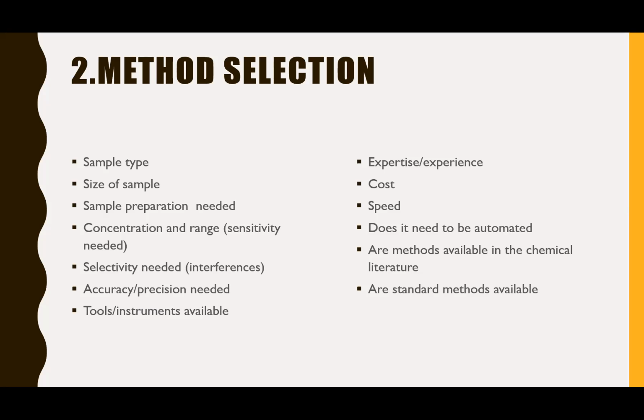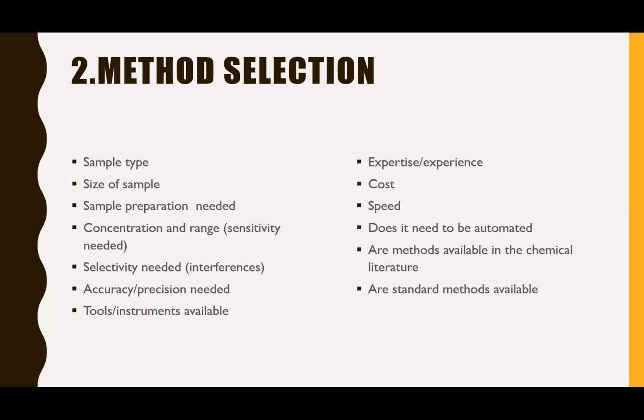Okay. For example, if you want to determine oil and grease content in a food sample, there are two methods. Whether you use instruments, okay, an oil and grease analyzer, you just put in your sample and it will give you readings, or you have the wet method, the traditional wet laboratory method.